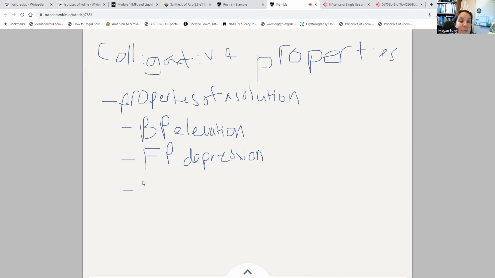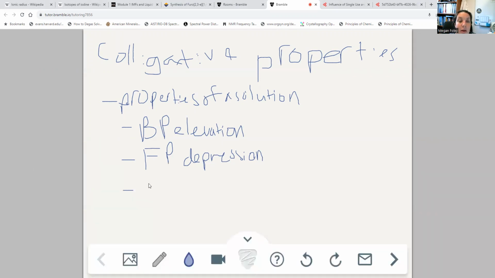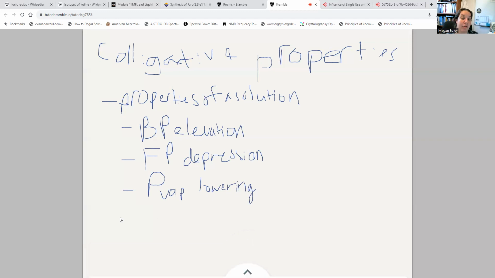Then we've got vapor pressure lowering. The idea here is that if you've got a solution, that solution is going to, at a given temperature, have a lower vapor pressure than the pure solvent, which goes along with boiling point elevation.